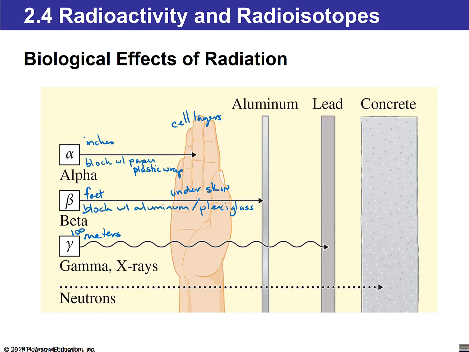So that means all layers of tissues can be affected by that energy. You're not just going to have the skin affected. You're not just going to have the surface layers underneath affected. You can end up with effects in the bone. You can end up with effects on organs. You can end up with effects that are much deeper than any of the others.